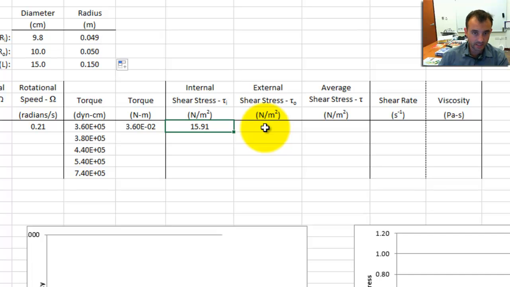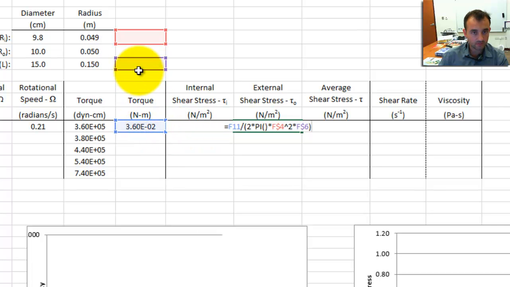I can do the same for the shear stress. I like to drag a lot, so I drag the second one and now I'm changing the input. So the input is always the torque, length and the radius. This time the external diameter.